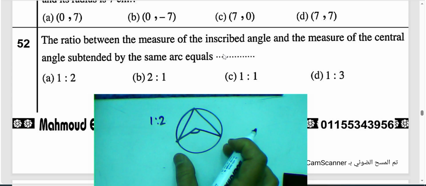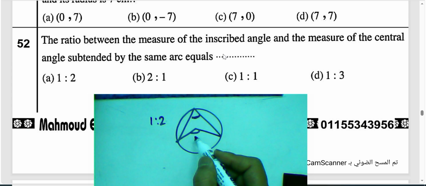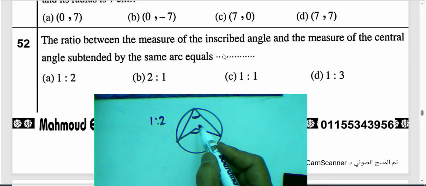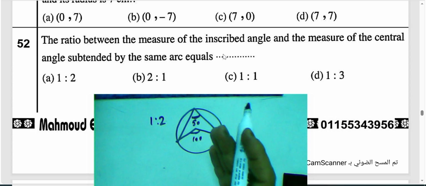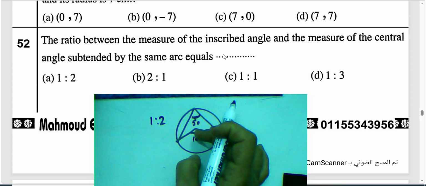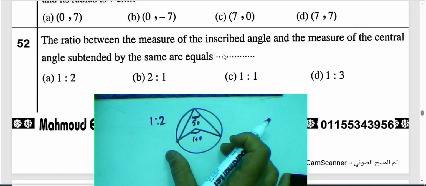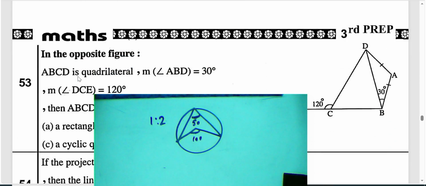We have an inscribed angle here and a central angle like this: 100, it will be 50, in the relation 1 to 2. Then the result will be 1 to 2. Choose letter B. Next question.